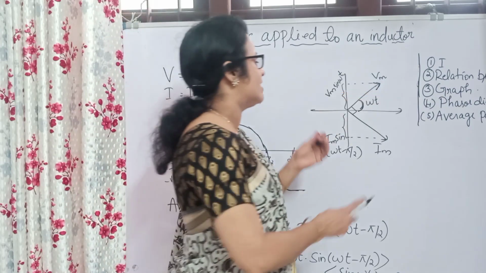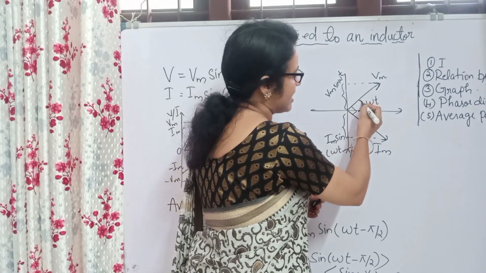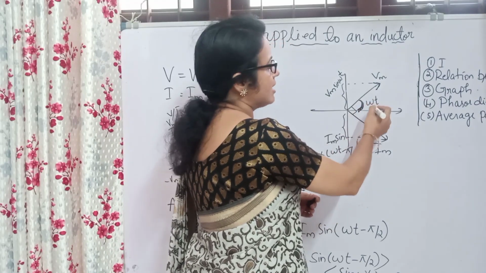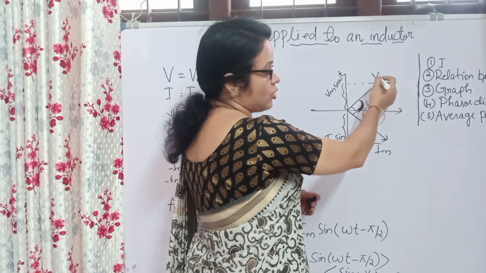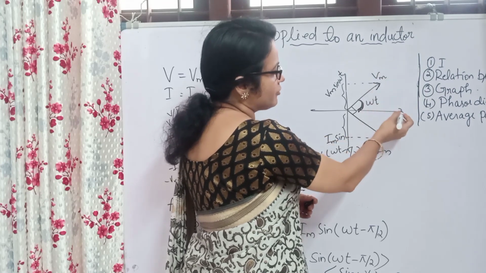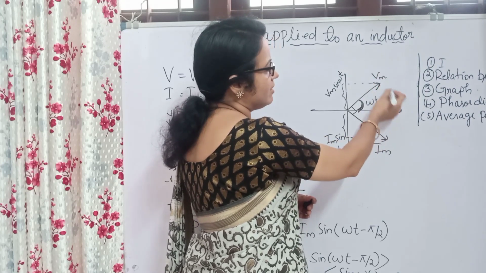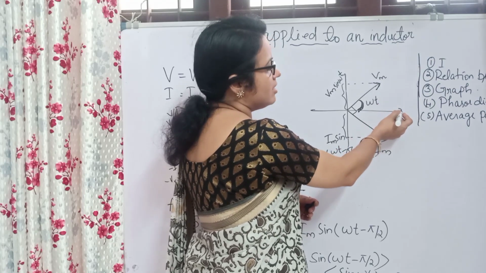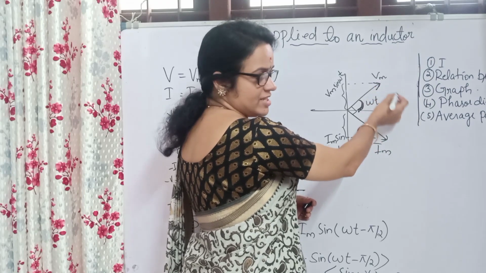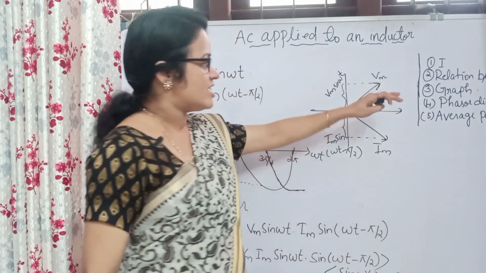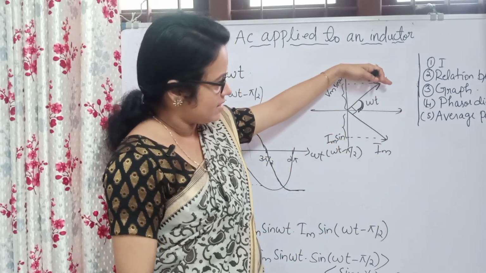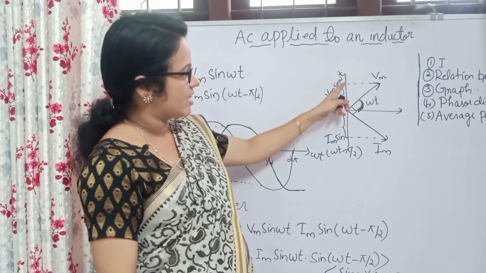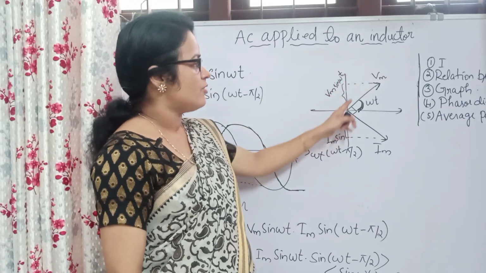The angle between that is omega t. So this is the angle for voltage, and the maximum value is here, V is equal to Vm sin omega t. So this is the case of voltage.